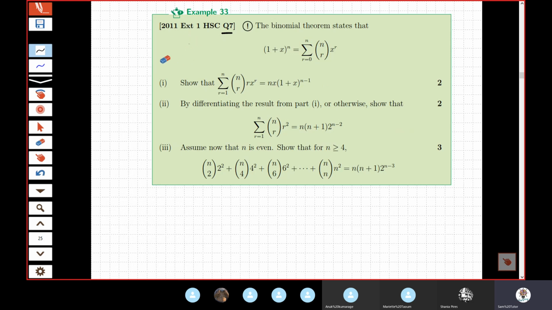Our aim always was to get to 65 out of 84. Pretty much 77%. And then you'll get scaled up to 90% in extension 1. So just so you guys remember, your benchmark is around 77, 78% in the HSC.